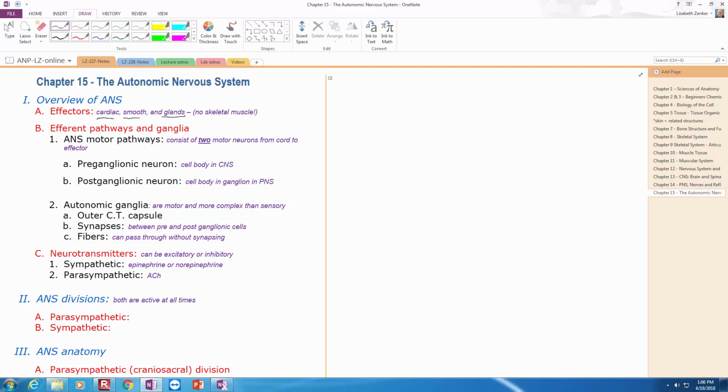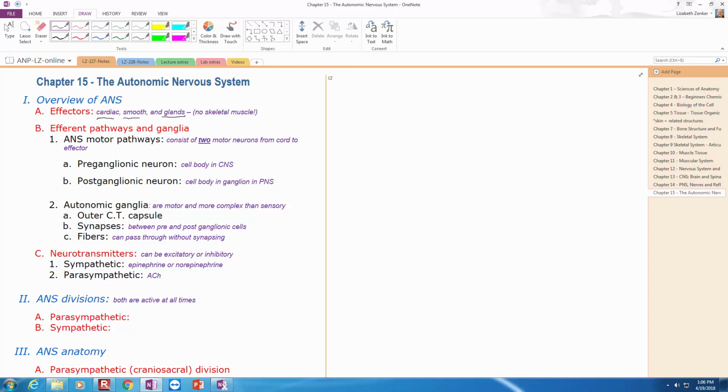You'll be able to draw one large picture, and then you can go back and refer to it when you get to those questions on the exam. Because seriously, a picture's worth 1,000 words. That way you don't have to write all these different things out. You'll know it just by the direction of your arrows and where you're putting your neuron cell bodies and things like that. So with the autonomic nervous system, automatic effectors, we talked about that.